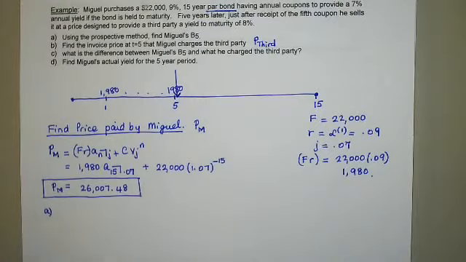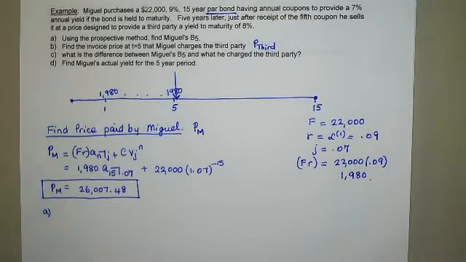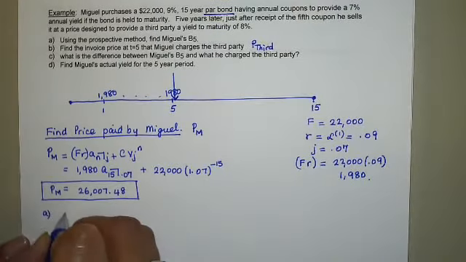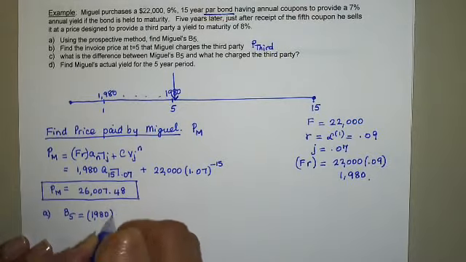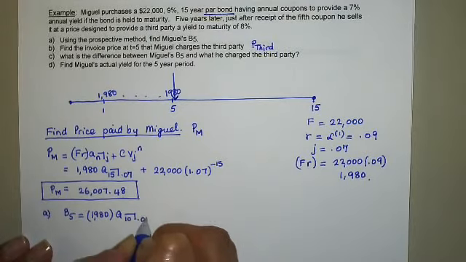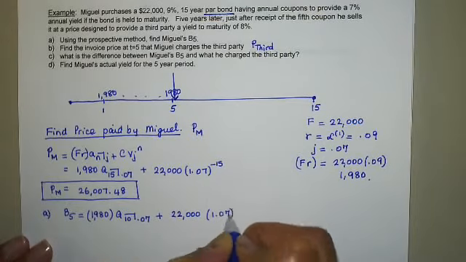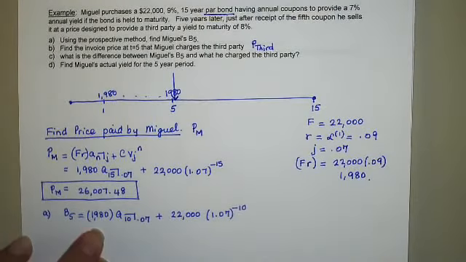Using the prospective method, find Miguel's B5. What do you say? He's standing at time 5. Looking forward, how many coupons are left for him to receive? 10. Okay, so let's go 1980 A angle 10 at 0.07 plus 22,000, 1.07 to the minus 10 power.